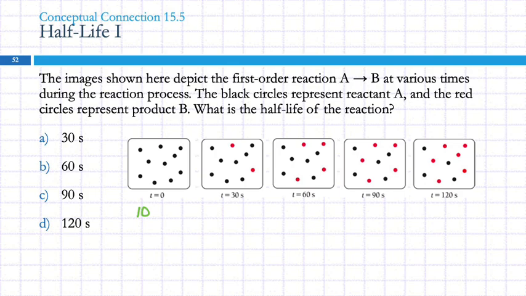What's going to be true at the half-life? We're going to have 5 black ones, and the ones that reacted will turn into 5 red circles, right? No, that one's not right. This one's, no. There we go. 5 black circles and 5 red circles. So this must be the half-life.